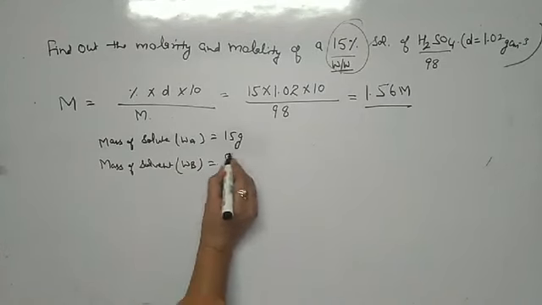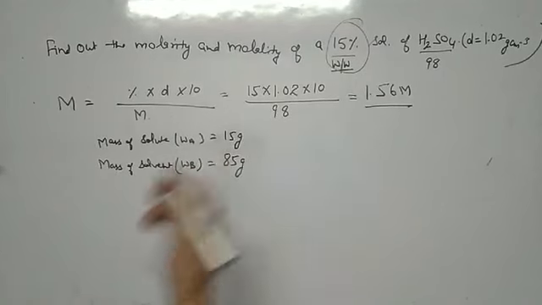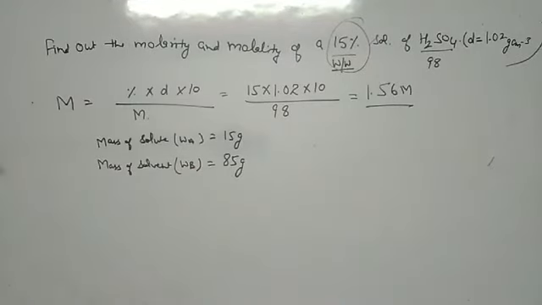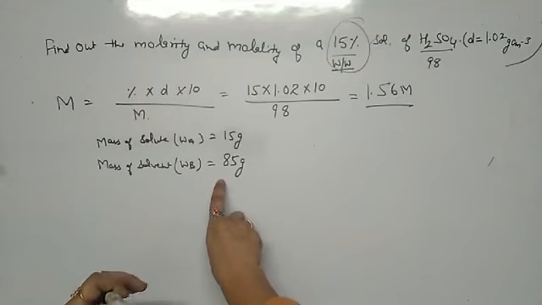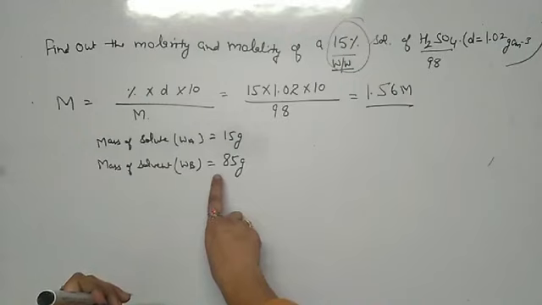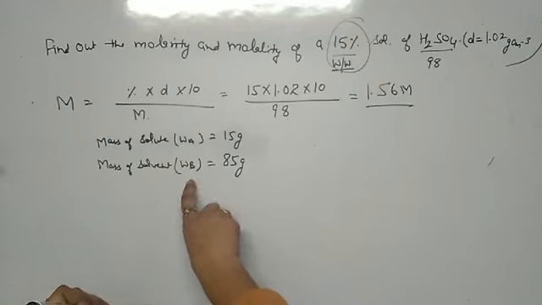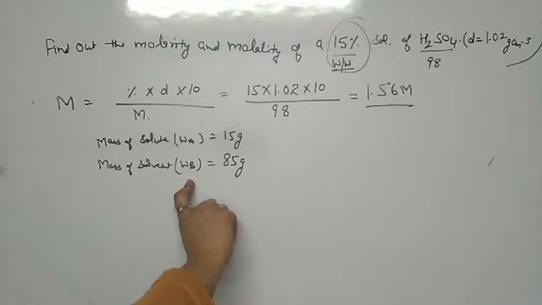It will always be 85, because of this 15%. Is it clear? So how can we find out the molality? Because in molality the mass of the solvent is taken. Is it clear?